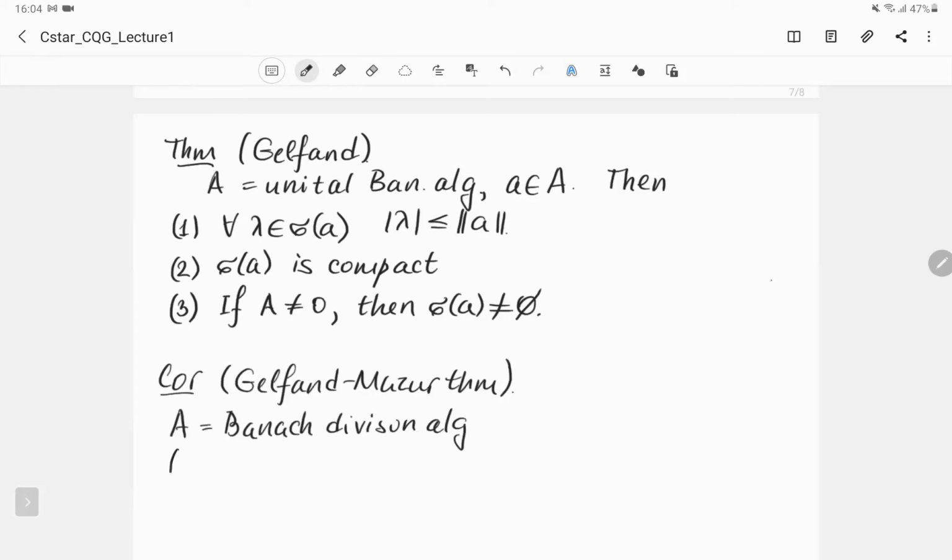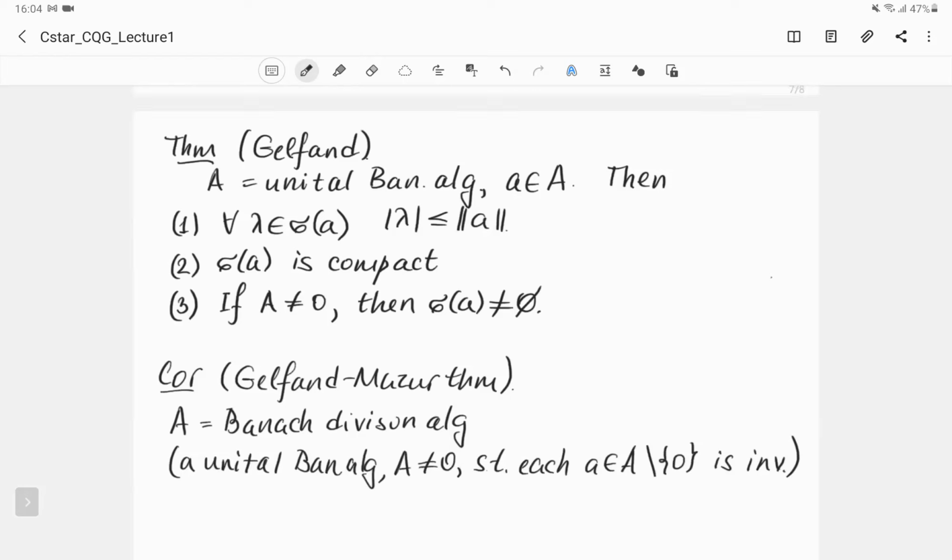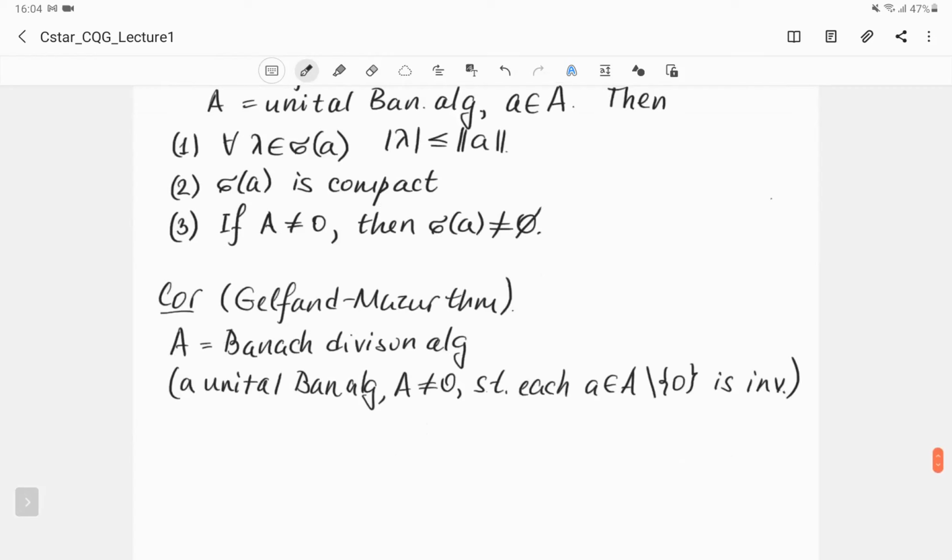That is a unital algebra different from 0, such that each non-zero element is invertible. Sometimes such algebras are called skew fields. So it is like a field, but it's not necessarily commutative. So the Gelfand-Mazur theorem states that this algebra is necessarily isomorphic to the complex numbers.